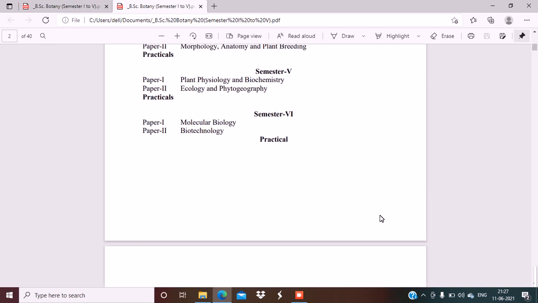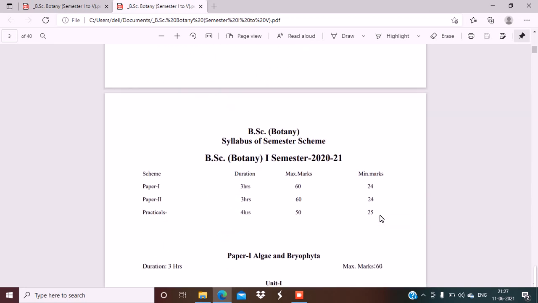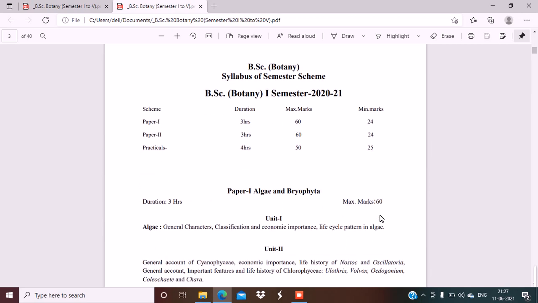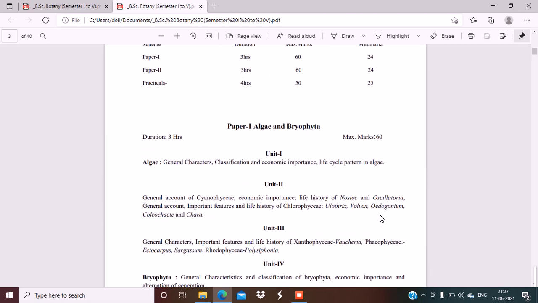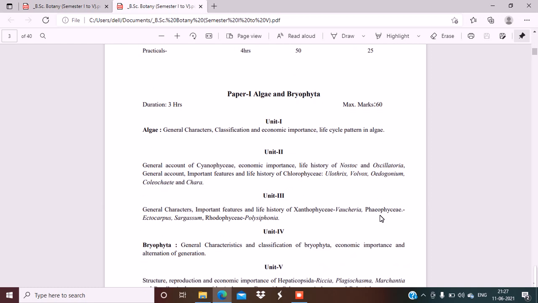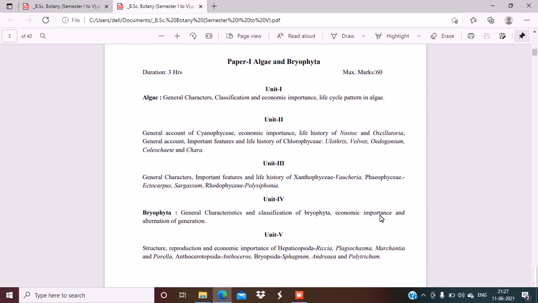Now first we will discuss the syllabus of first semester. Paper 1 is Algae and Bryophyta. In Algae, the topics included are general characters, classification and economic importance, life cycle pattern in algae. Unit 2nd is general characters of Cyanophyceae.